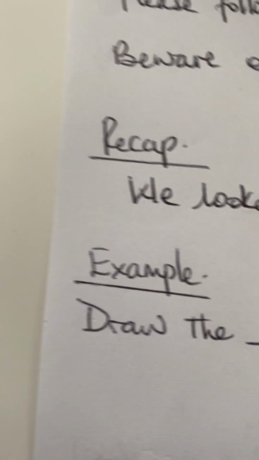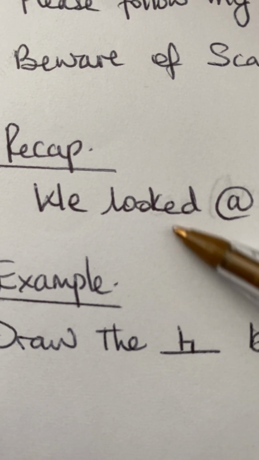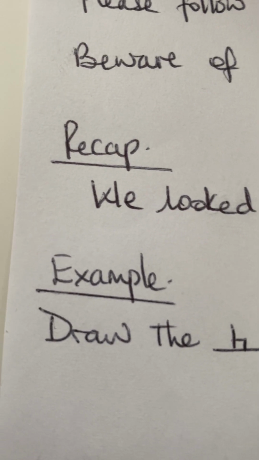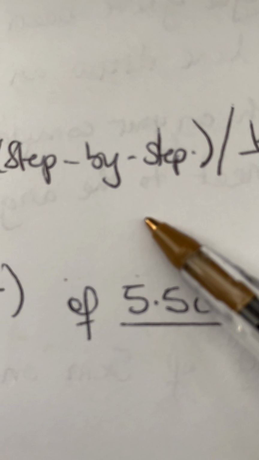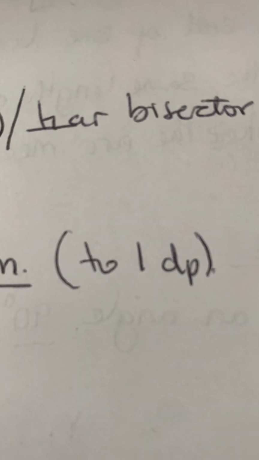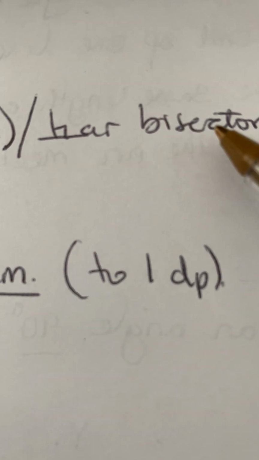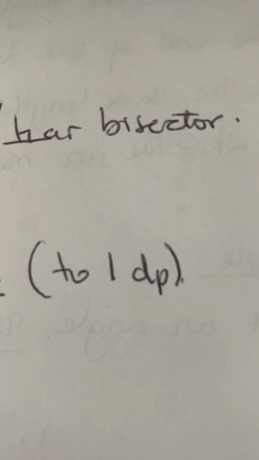Let's look at what we did yesterday, our recap. We looked at bisecting a line step by step, which is a perpendicular bisector. If you bisect a line, it bisects it exactly in the middle and at right angles.